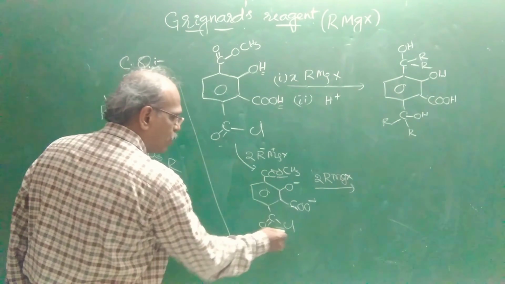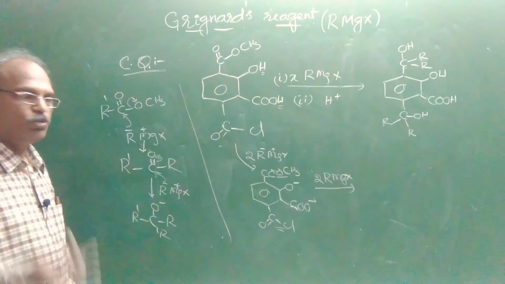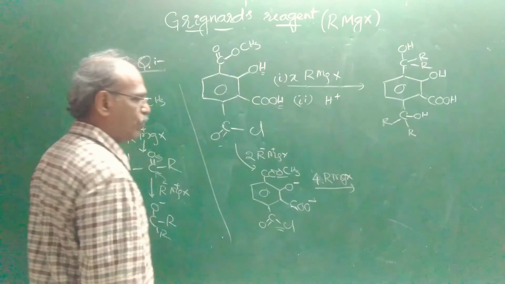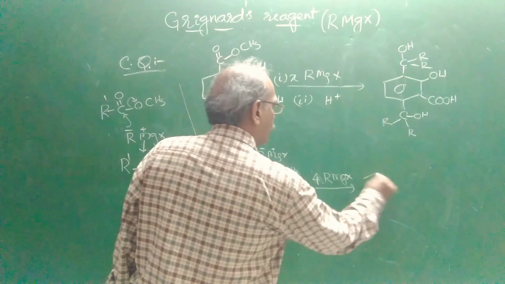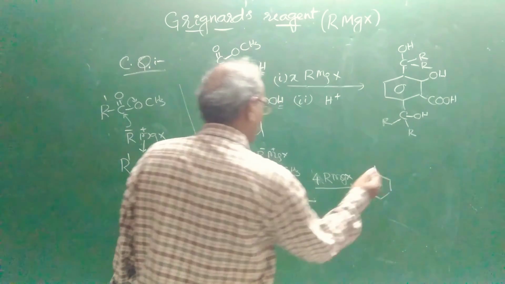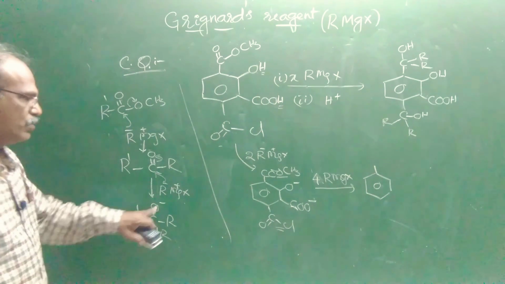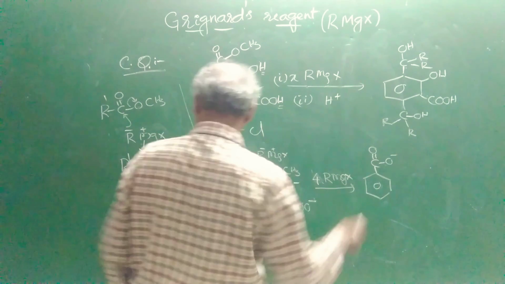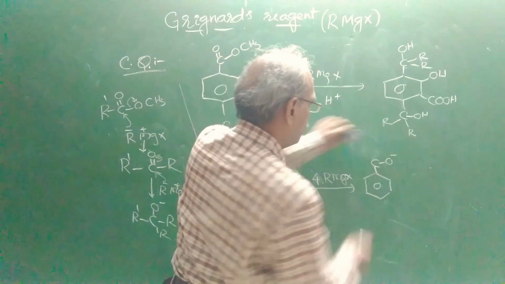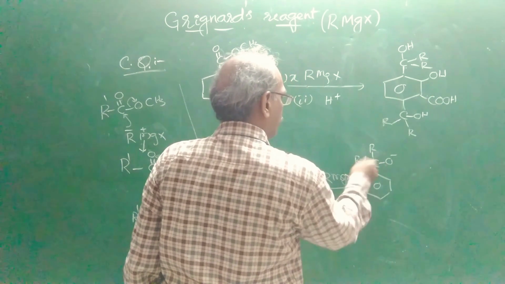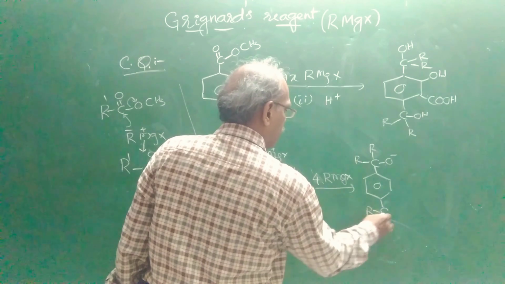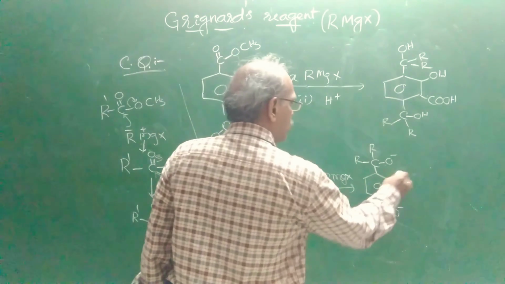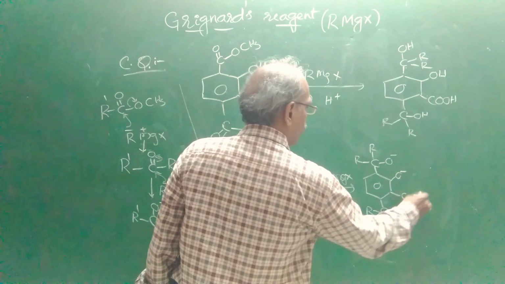Similarly, acid chloride also consumes 2 moles of Grignard's reagent, so totally 4 moles. Now first we get COO minus, sorry, this is C double bond O, R. Here also C, R, O minus, and these are O minus, COO minus.